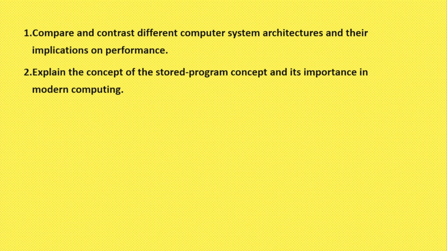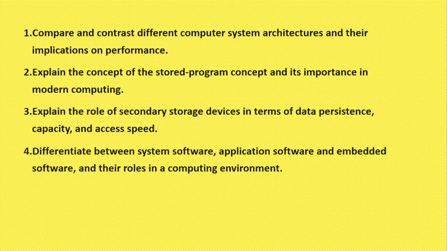Two, explain the stored program concept and its importance in modern computing. Three, explain the role of secondary storage devices in terms of data persistence, capacity, and access speed. And the fourth one is to differentiate between system software, application software, and embedded software and their roles in the computing environment.